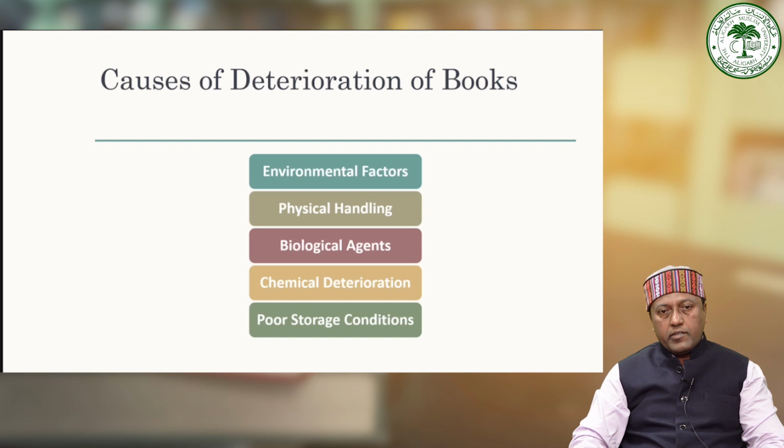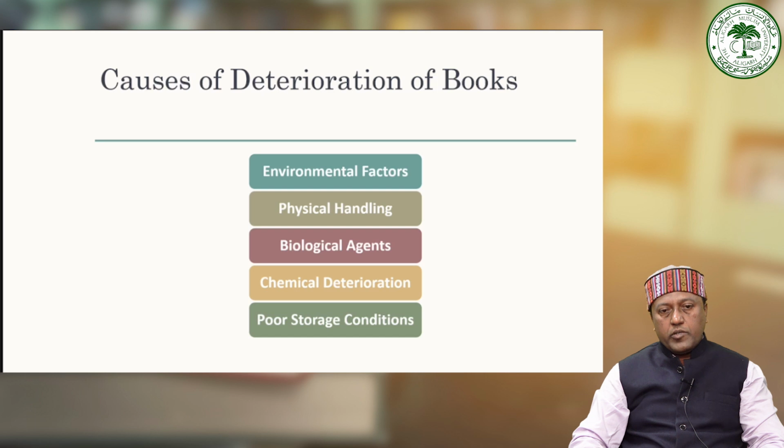Environmental factors, basically the exposure to fluctuating temperature, high humidity, light and then pollutants, can accelerate the degradation of books. Temperature and humidity fluctuation can lead to expansion and contraction of materials, causing the warping and weakening of paper fibers.